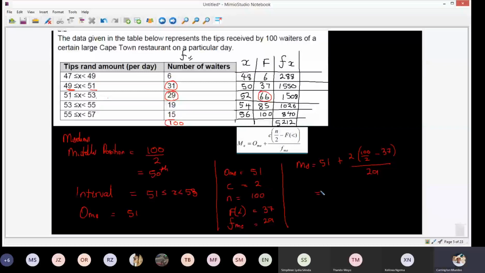Right, so it will be 51 plus 0.9 if we round up. We get 51.9. Right, and you can see it lies within the interval. That's how you find your median.